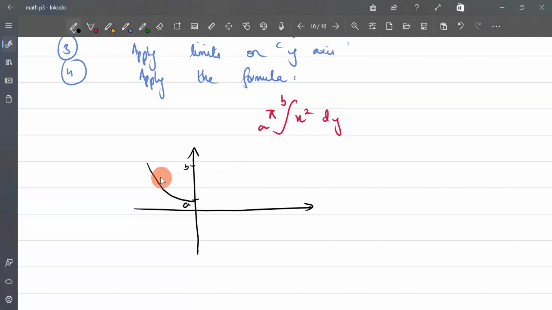So a rotation would mean a 360-degree rotation along the y-axis. So it would be something like this. This is just a visual for your understanding. This is the formula you should remember if the rotation is on the y-axis.